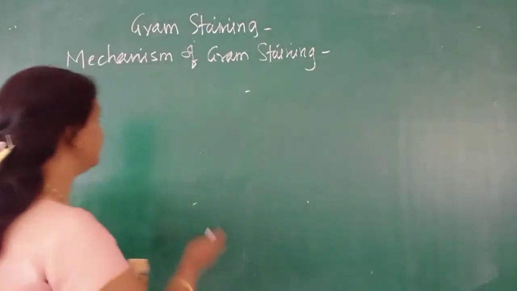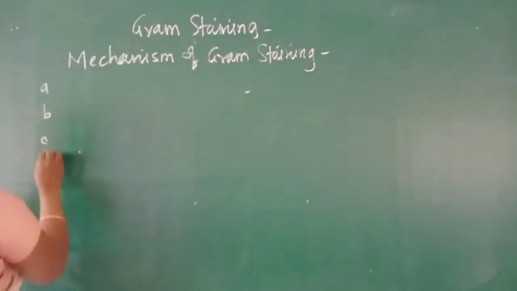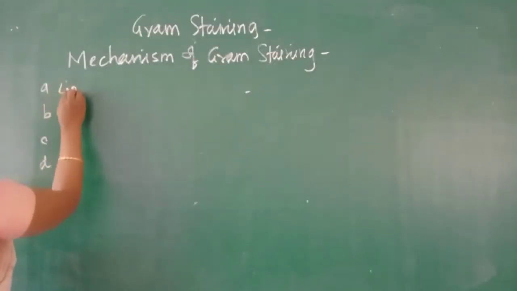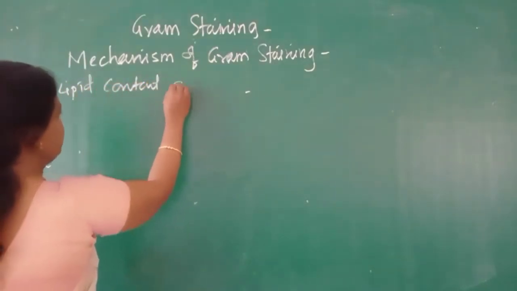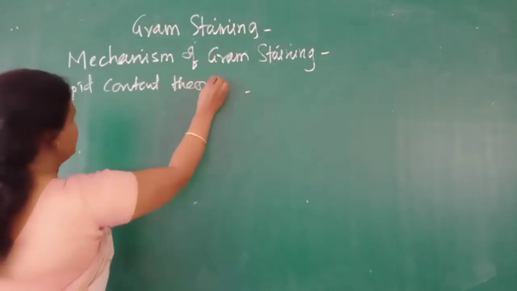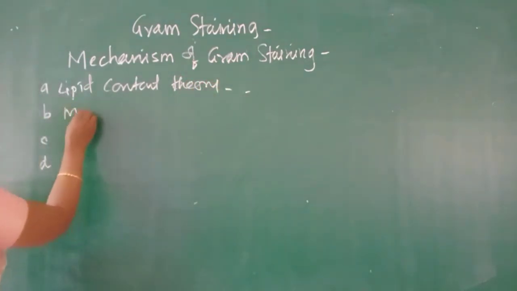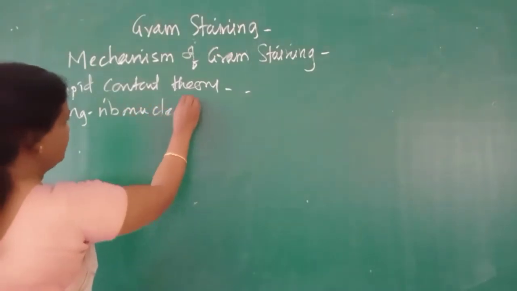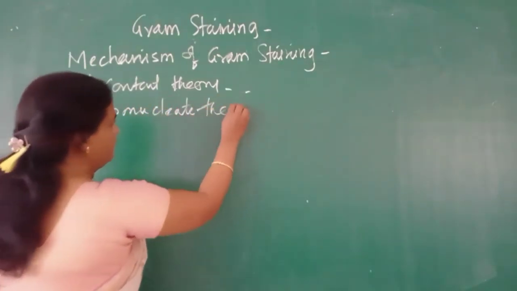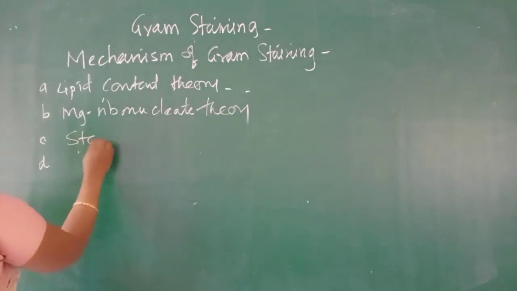Now which are these mechanisms? There are four different mechanisms. One is lipid content theory, the first and well explained mechanism. Then next is magnesium ribonucleic theory. Stern and Stern theory is the third one.